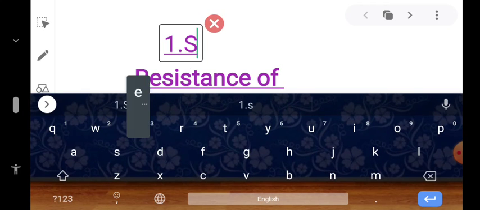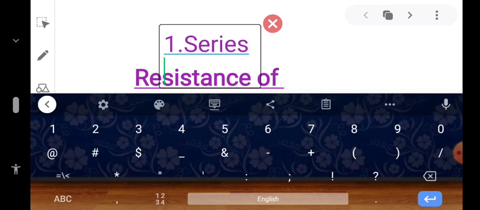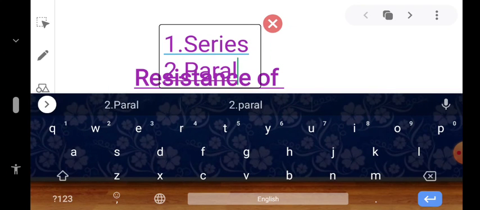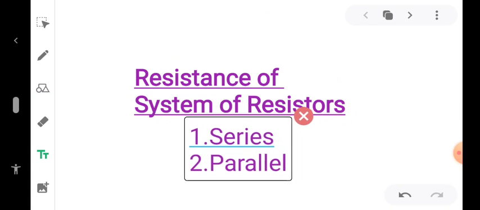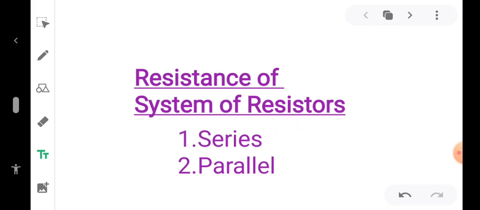The first type of connection is series connection, and the second one is parallel connection. These are the two types of connection in which we can connect the resistors.